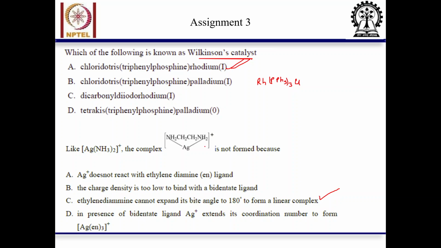These two can't come in a linear arrangement, and the CH2 will come like this because it's a tetrahedral arrangement around C. So it can't give a bite angle of 180 degrees to form a linear complex.